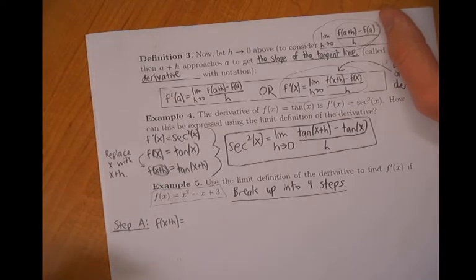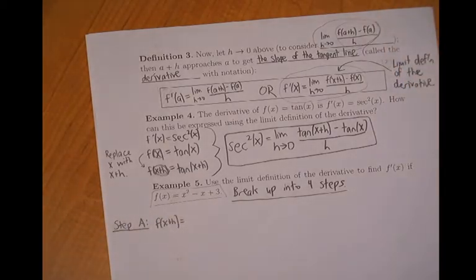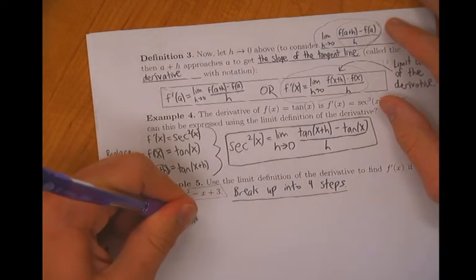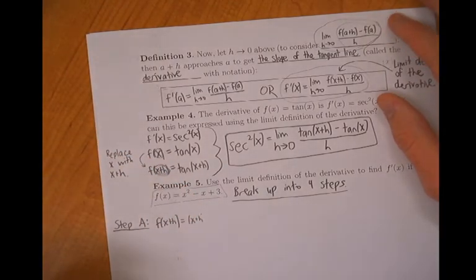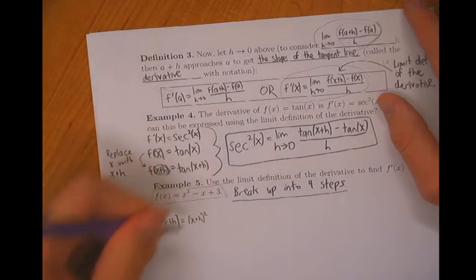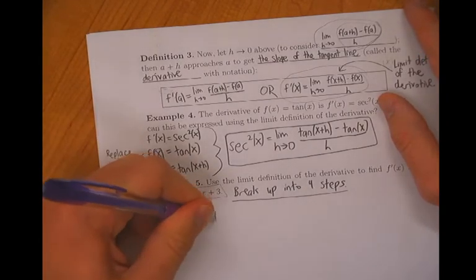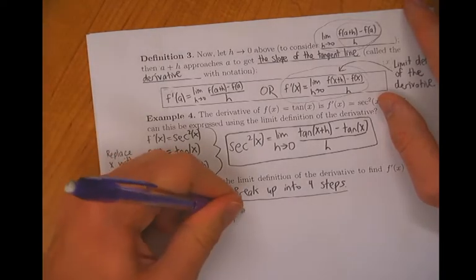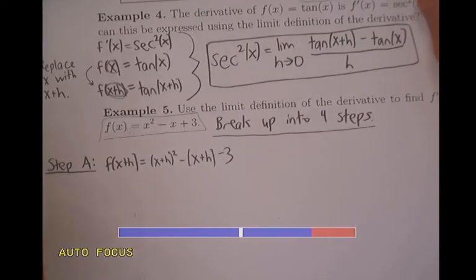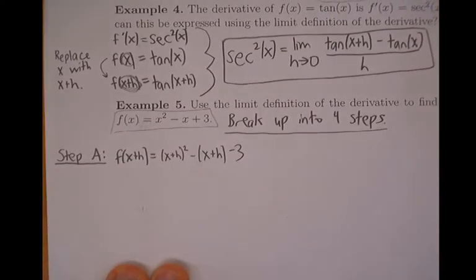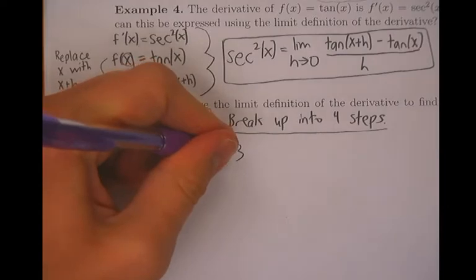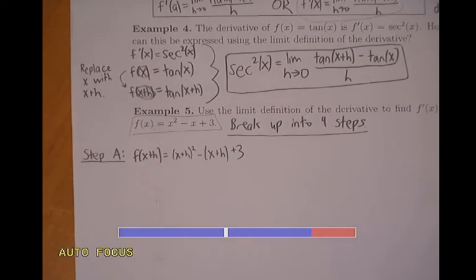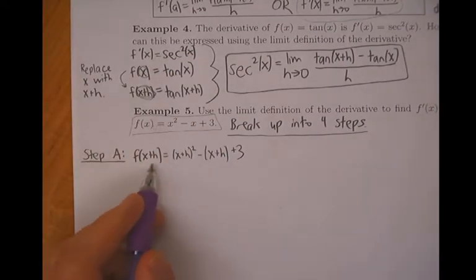If we do that with our quadratic, what would we end up with? It would be x plus h quantity squared, minus quantity x plus h, plus 3, my bad. So this would be our f of x plus h.